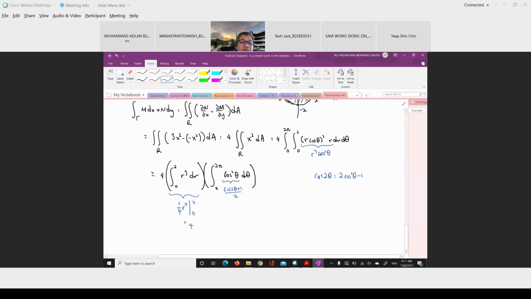Therefore, the integral is 1/2 times sine 2 theta over 2 plus theta, for theta from 0 up to 2 pi. I leave it to you to show that after simplification, the result is equal to 16 pi.